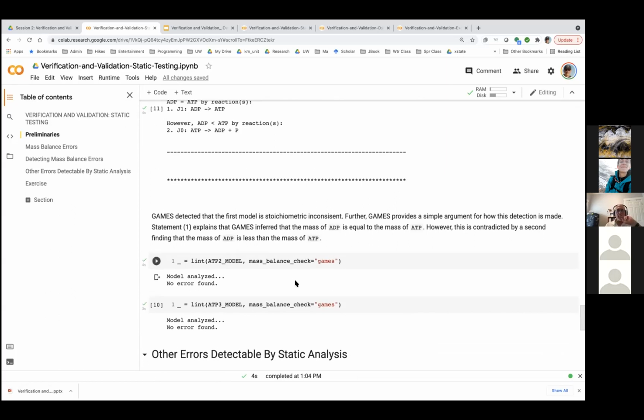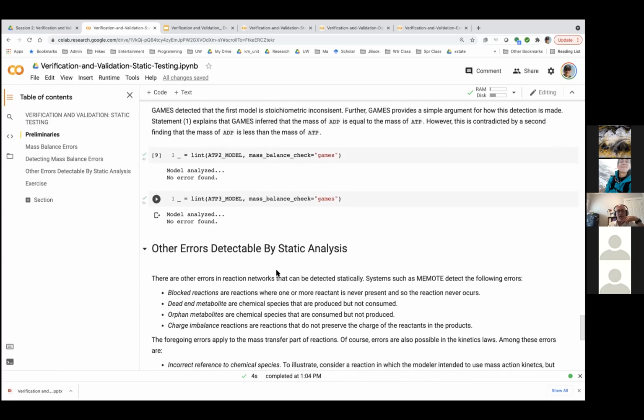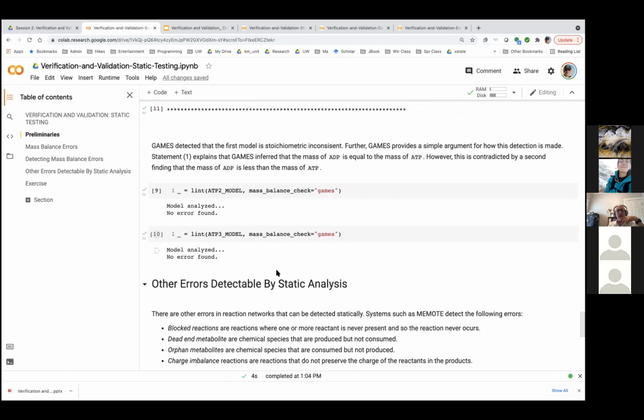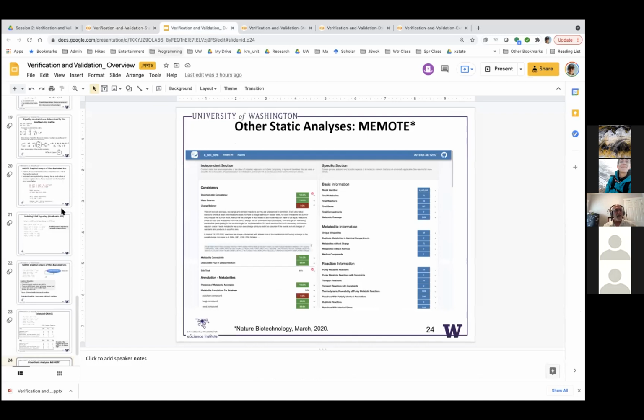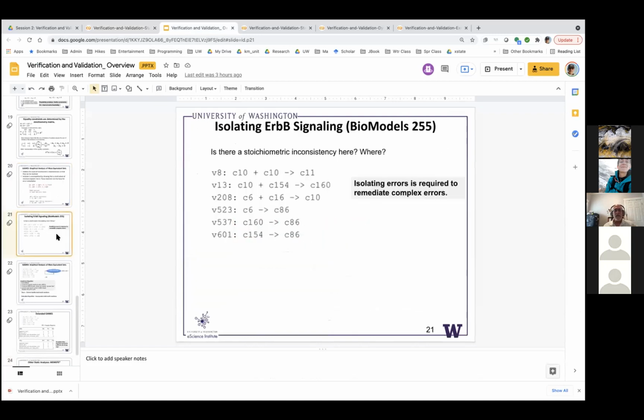Here are the kinds of things that you get with the models if they do not have an error. I think what would be good at this point, and I realize I have not done this and probably should have, is if we go back to the slide deck and look at this right here.